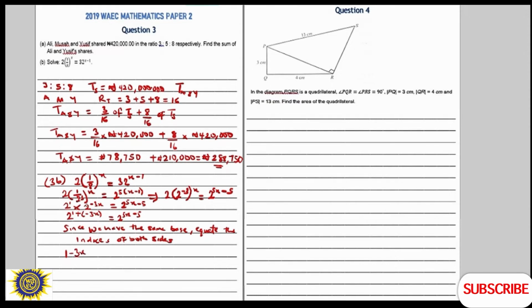Because plus times minus will give us minus. So 1 minus 3x is equal to 5x minus 5.